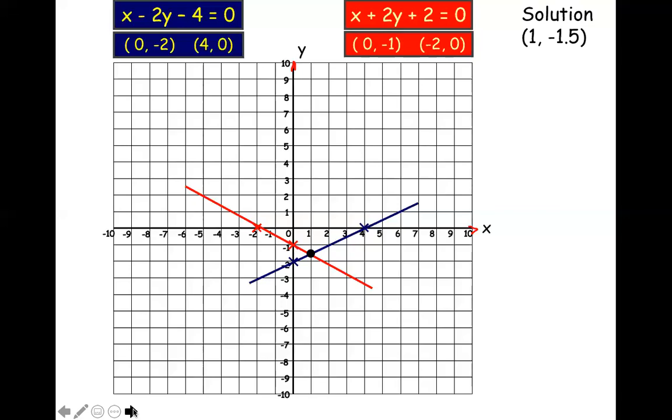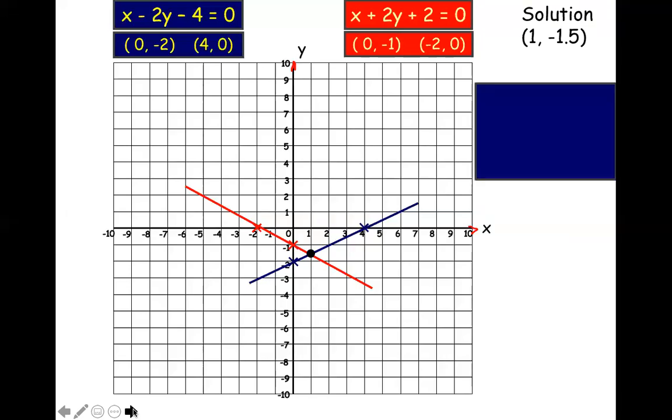Okay, so you notice that it took a while because you've got to draw graphs, etc. So can we quickly check that the point belongs to both lines? You can say, first one, I've got 1 for x and minus 1.5 for y, 1 plus 3 minus 4, that is 0.